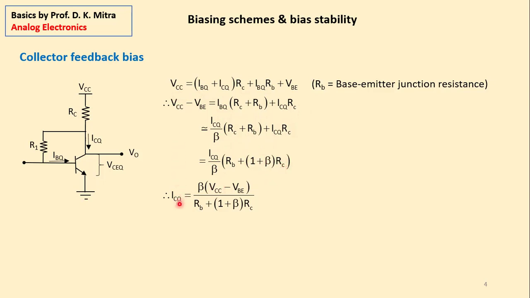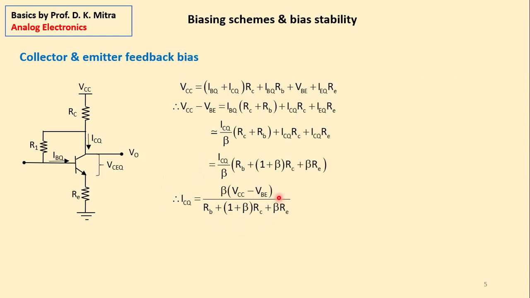So what is the value of ICQ here? It is beta multiplied by VCC minus VBE divided by RB plus 1 plus beta RC. Once again, having decided the values of RB, RC, VCC, beta, you can calculate the value of ICQ and check whether this is the ICQ you wanted. If not, you change the values of your resistances until you reach the desired value of ICQ.